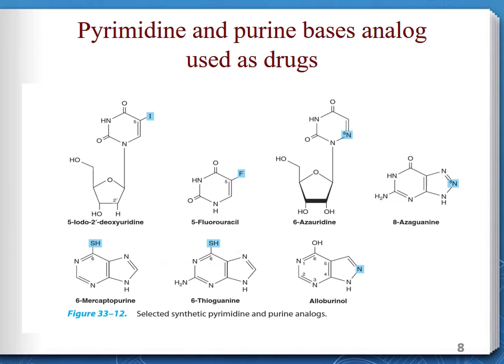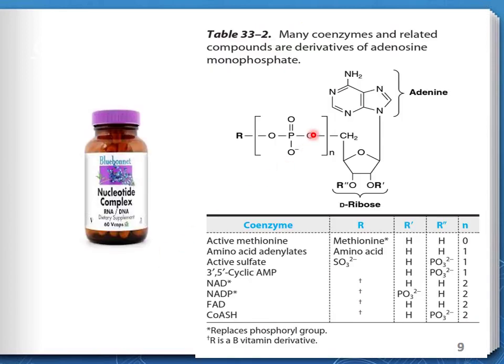Okay, in the next slide we have nucleotides used as coenzymes and supplements, like adenine conjugated with ribose and phosphate.